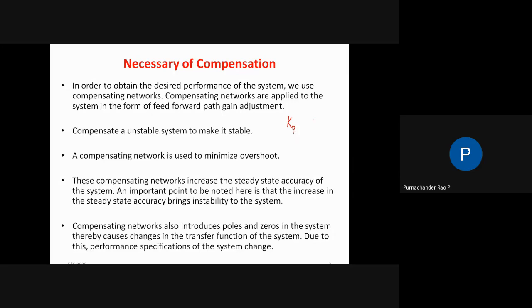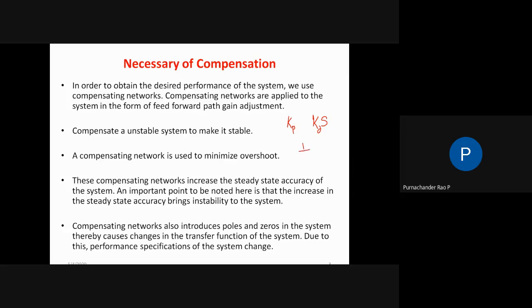And if you take a derivative controller, it is nothing but Kd into s. So you are adding a zero into the system at the origin. Okay, if you use only derivative control, it is not good for the system to be stable, so you should not add a zero or pole at the origin.